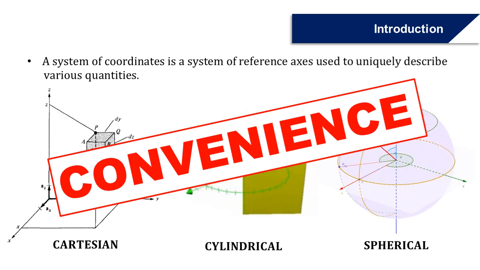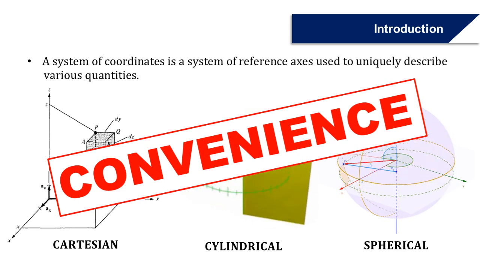So, dito sa systems of coordinates, pag-aaralan natin kung paano tayo makakamaneuver from the Cartesian going to cylindrical, Cartesian going to spherical, cylindrical going to Cartesian, spherical going to Cartesian. So, magkakaroon tayo ng mga transformations.